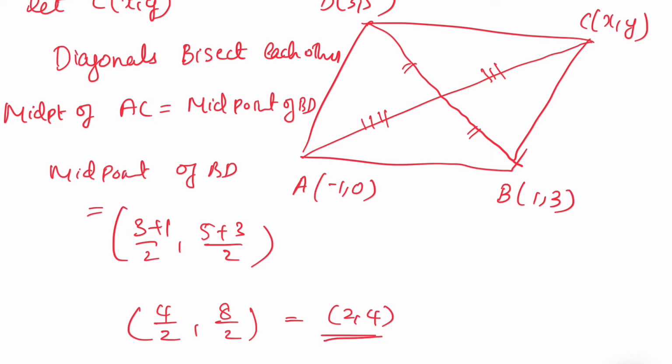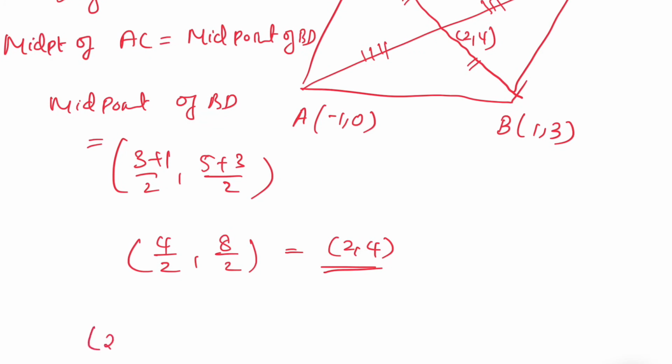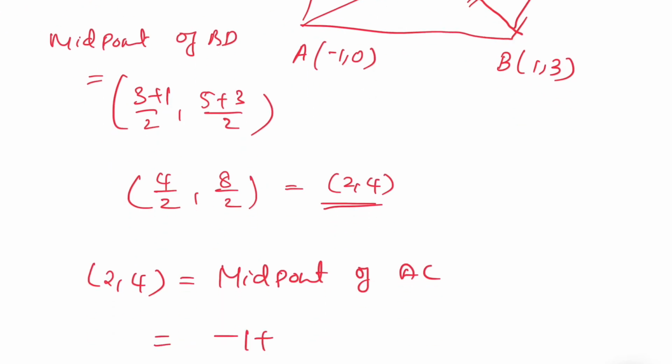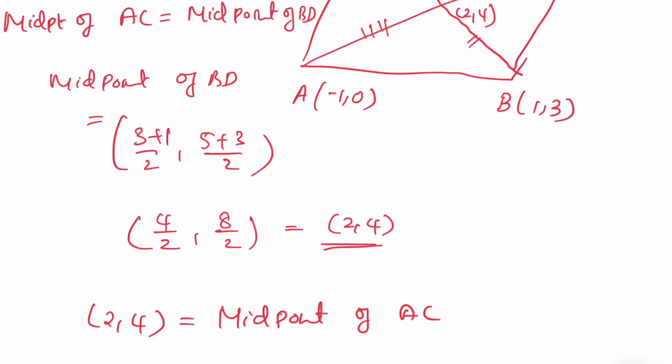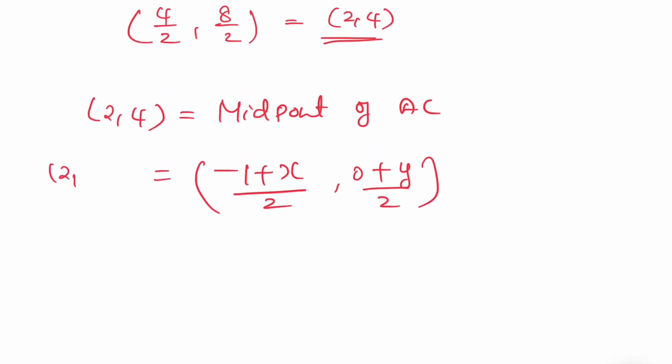Okay, so we'll get the midpoint as (2, 4). Now you can find out C using this, no? So (2, 4) will be equal to the midpoint of AC, right? Midpoint of AC is ((-1 + x)/2, (0 + y)/2), so that is equal to (2, 4).